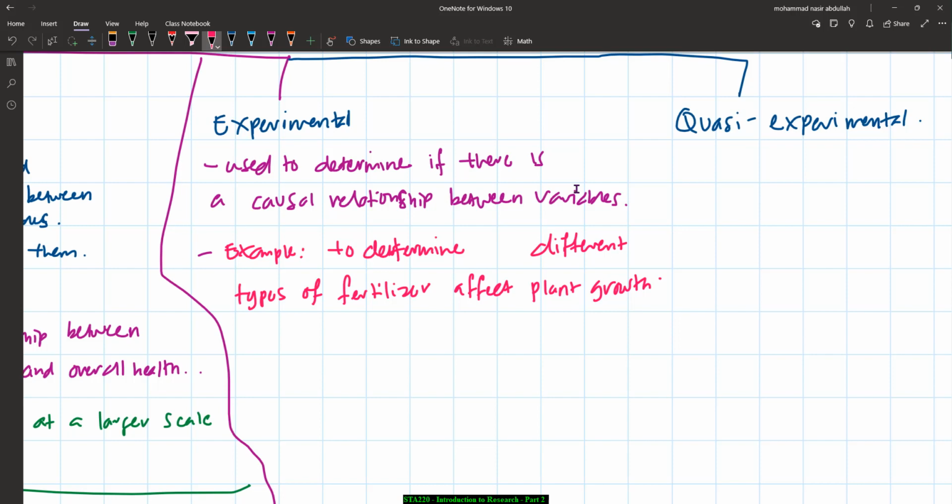Right. So in this experimental, it provide a powerful way to identify and measure causal relationship and directional between variables.